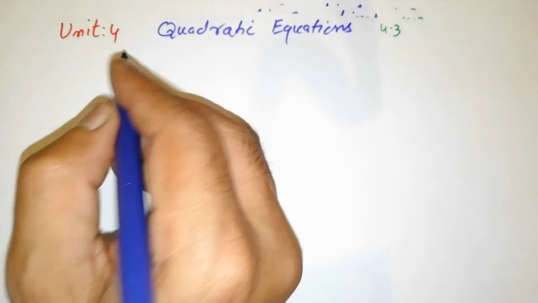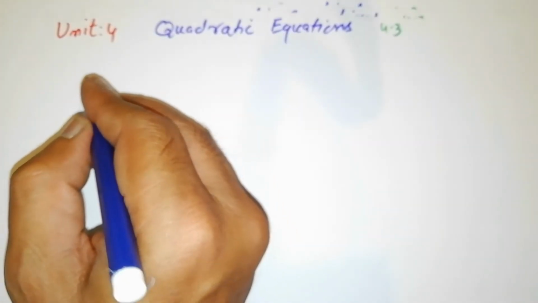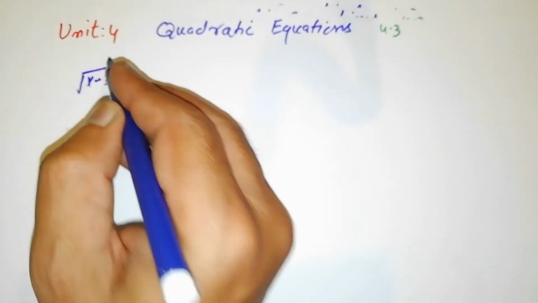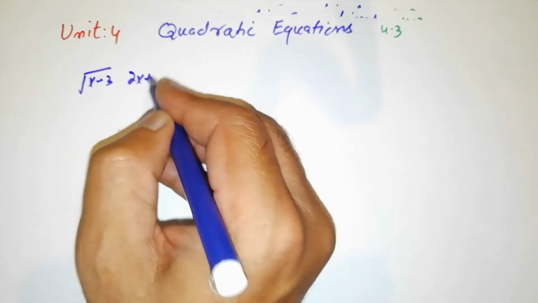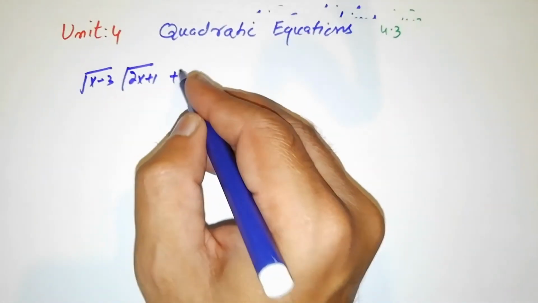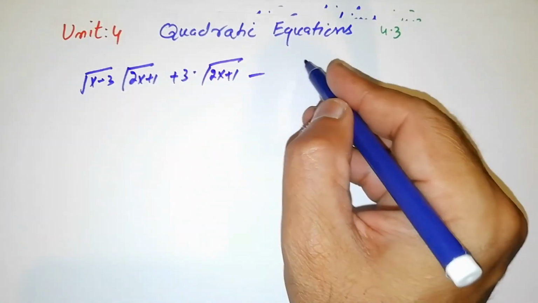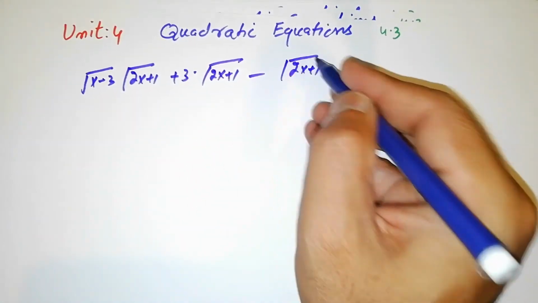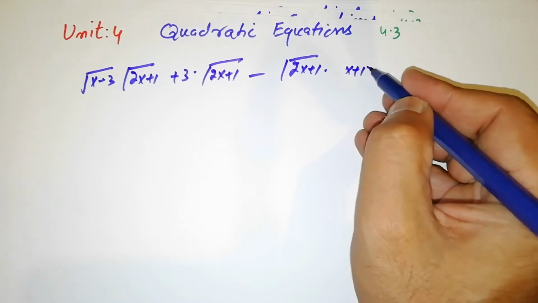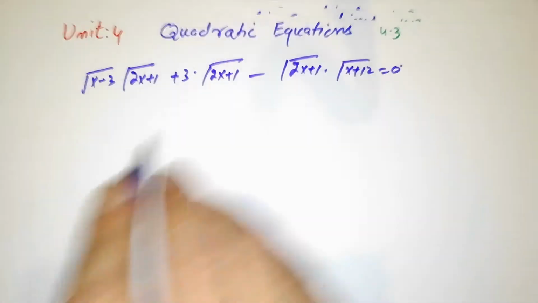So see here, this is x minus 3 and 2x plus 1 plus 3 2x plus 1 minus 2x plus 1 and x plus 12, this is equal to 0.